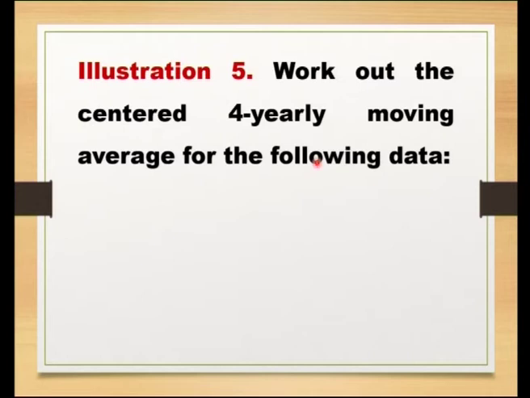Whereas, when you talk about 4-yearly moving averages, we first have to add the first 4 values: the first, second, third and fourth values. So the 4-yearly moving total is written only between the second value and third value, because second and third are the 2 midpoints.